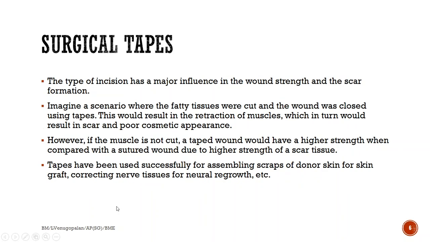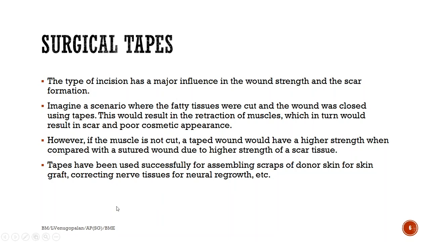So the type of incision also influences the wound strength and the scar formation. You know, if you are imagining a scenario where fatty tissues are cut and the wound is closed using surgical tapes, now that would result in retraction of the muscles, which would in turn result in scar and poor cosmetic appearance.